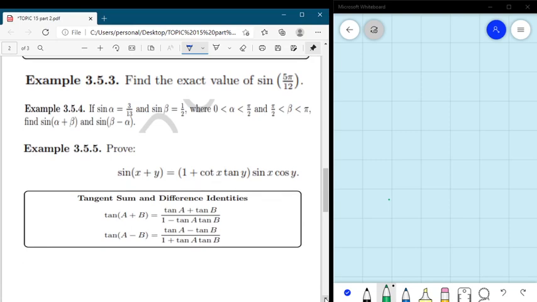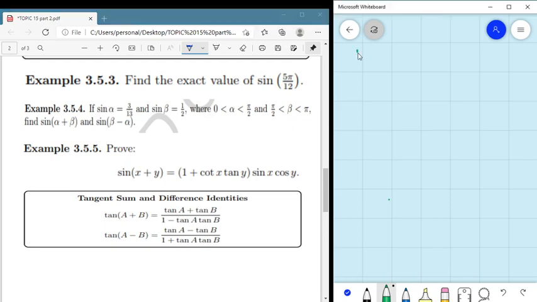Okay, so we have to find the exact value of sine 5 pi over 12. Which functions can we combine in order to get 5 pi over 12? Let us try pi over 4 and pi over 6.